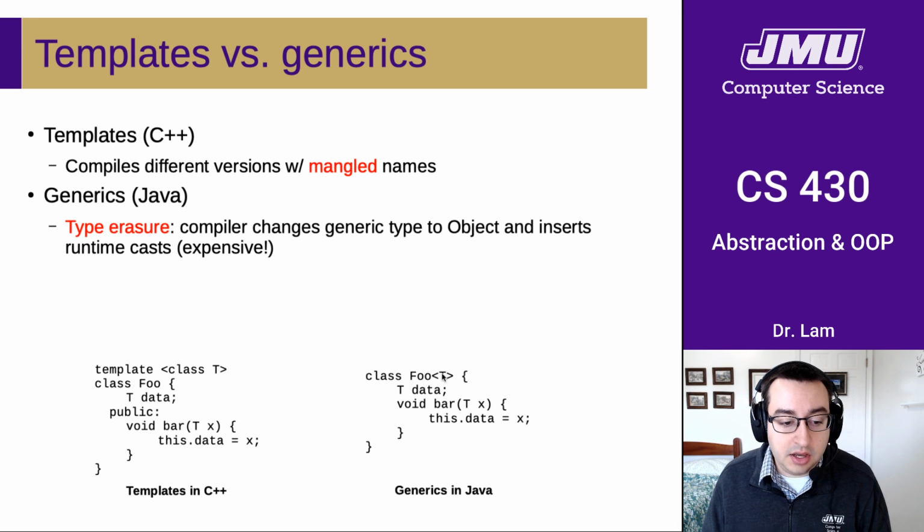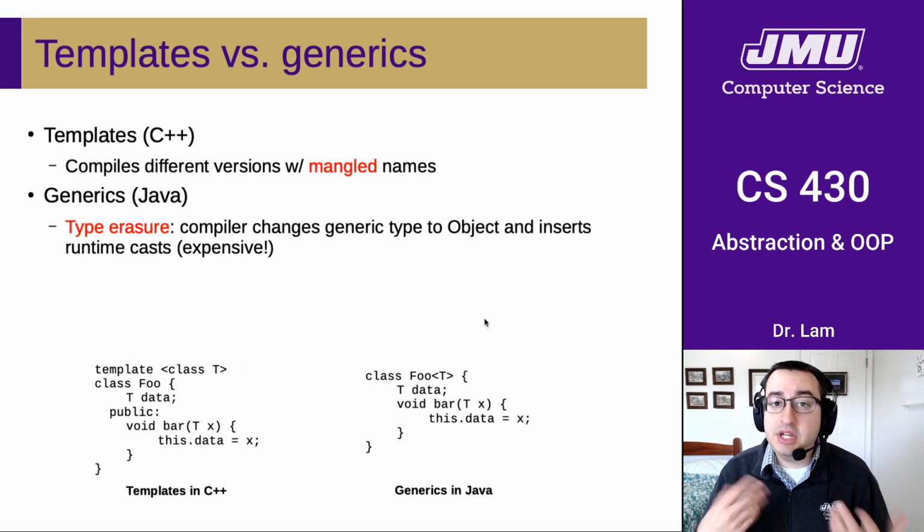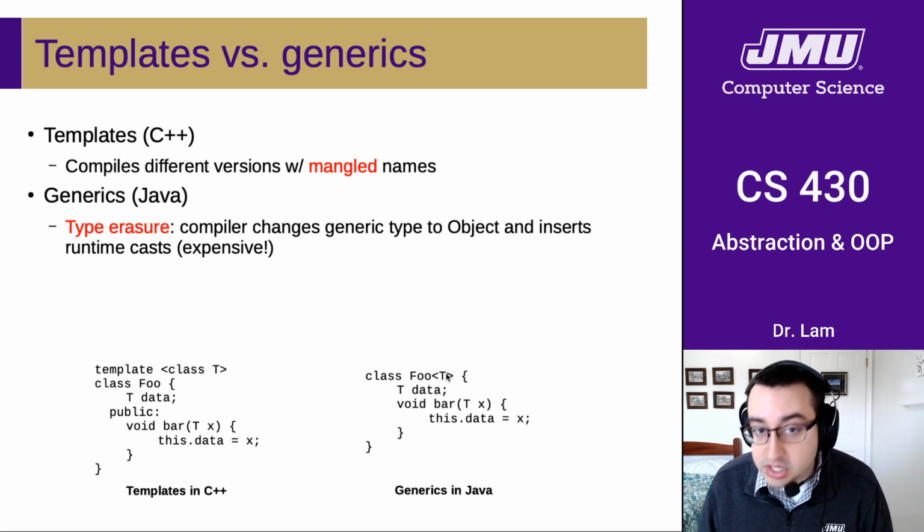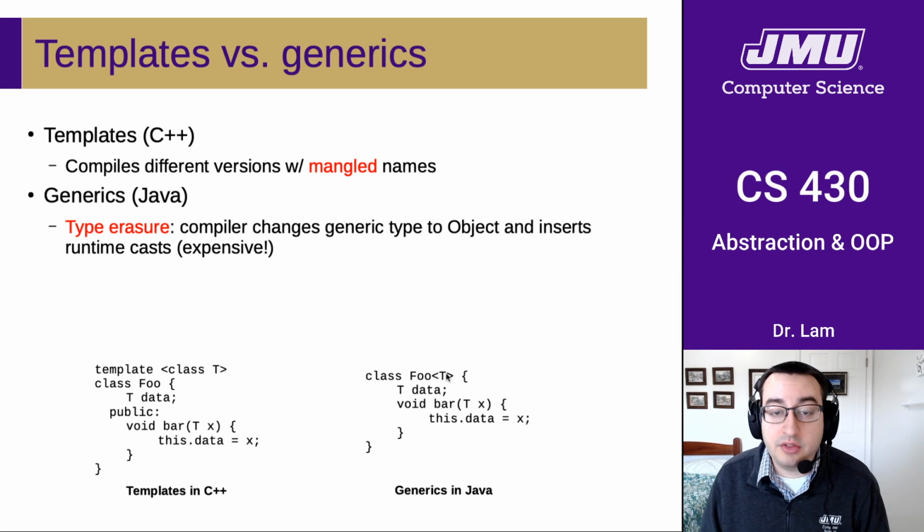Java handles this slightly differently. Java calls these generics, and they look a little bit similar, but the implementation is very different in that Java doesn't compile different versions. It actually just uses something called type erasure, and it changes the type to object, and basically makes the data structure completely generic, and it inserts a bunch of runtime casts, which are very expensive.